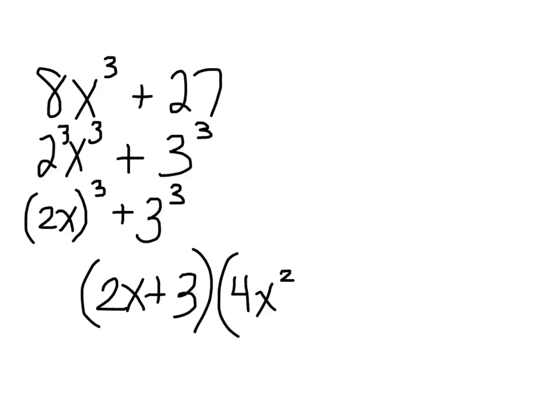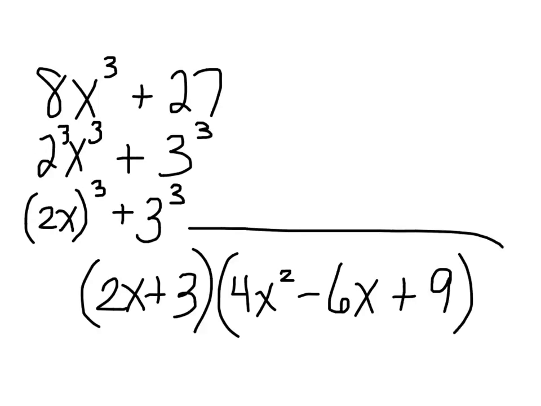Because remember, it's like saying 2x times 2x. 2 times 2 is 4. X times x is x squared. Minus sign. Now you take A times B. What's 2x times 3? 6x. Plus, what's B squared? What's 3 squared? 9. And you're done.